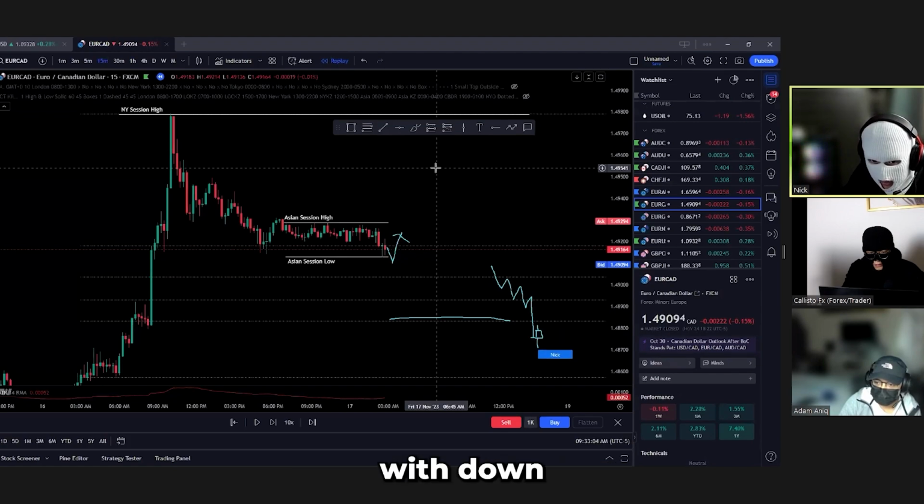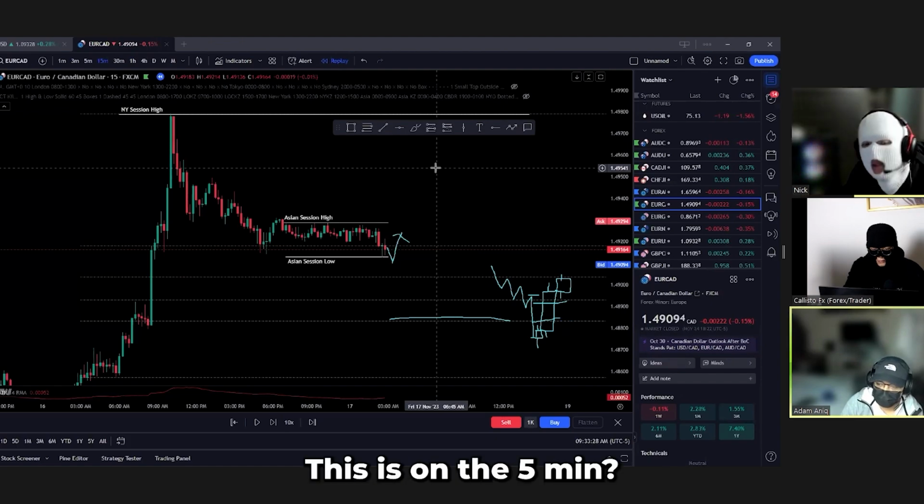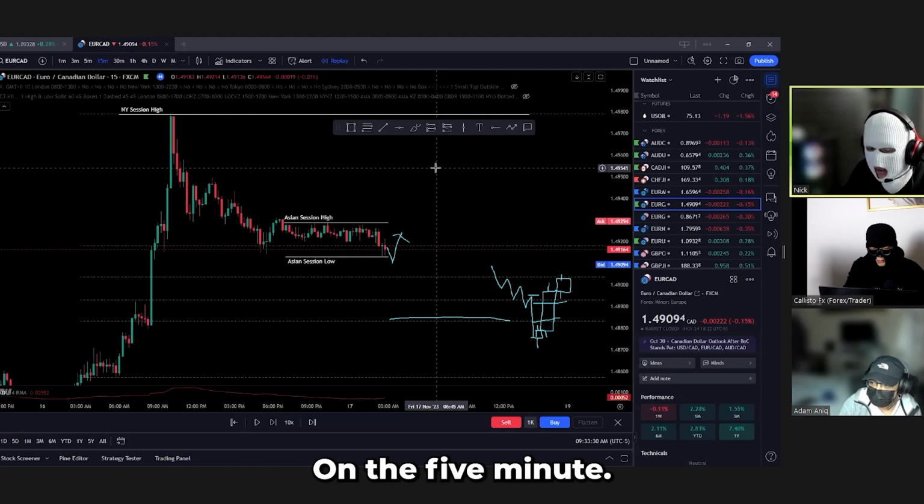Wick down. Impulse up. Like that. Breaking structure. The next candle. Like that, and we have a fair value gap that caused the break of structure. Would that make sense? Yeah. This is on the 5-minute. The break of structure. Yes, on the 5-minute.